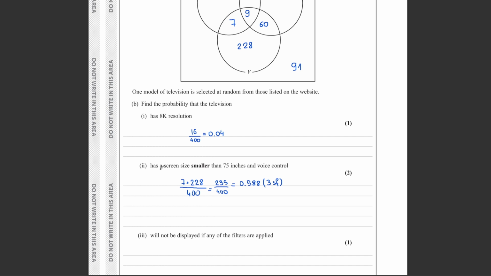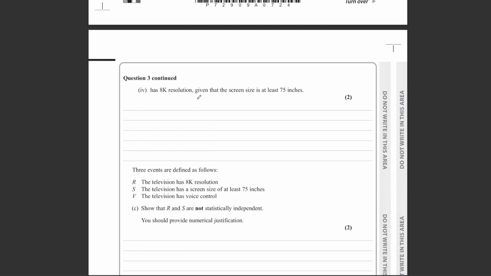The next question, we will be looking for the probability that the television will not be displayed if any of the filters are applied. So this is the question about the remaining models, 91 out of 400. In decimals, that will be 0.228 to 3 significant figures. In next question, we have the conditional probability.